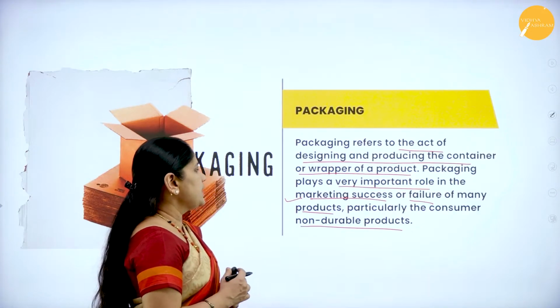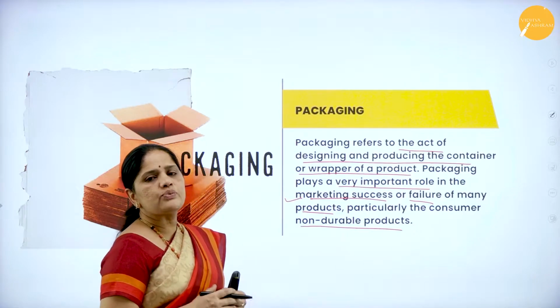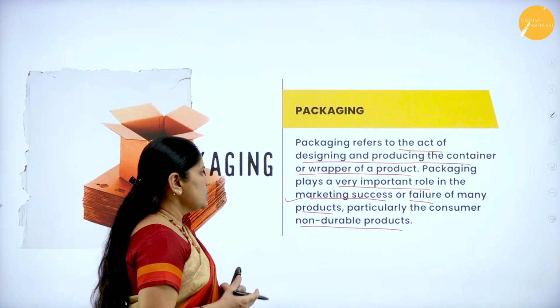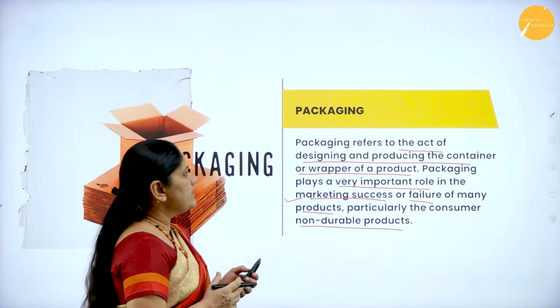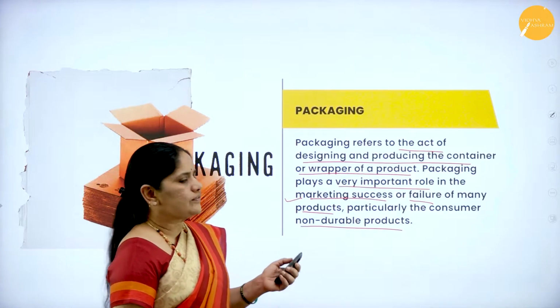So, whenever we have to think of the success or failure, the packaging becomes very important. We have to decide very carefully about how the packaging of the product will be.